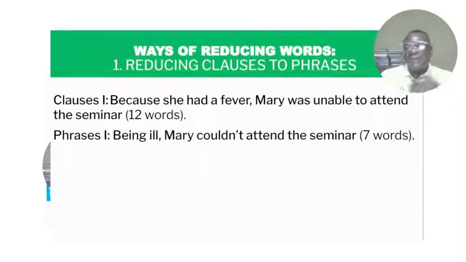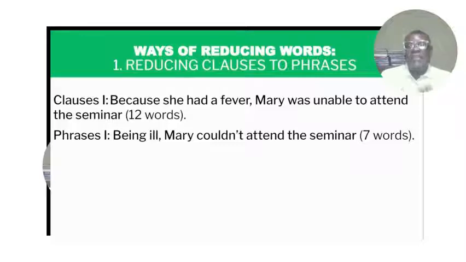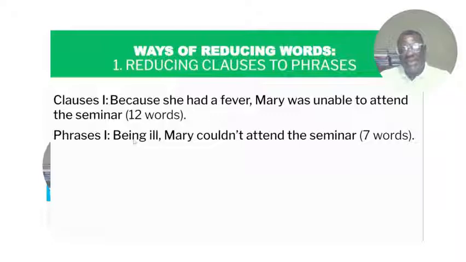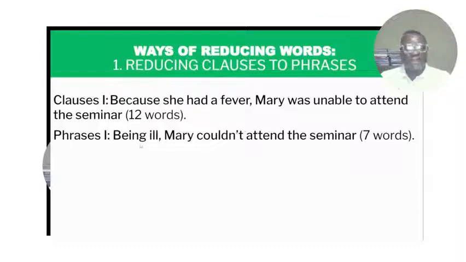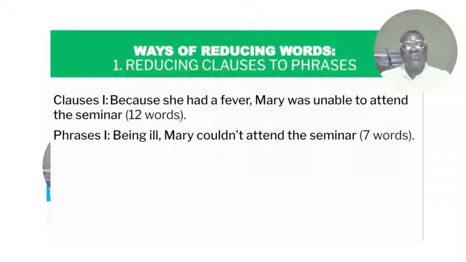Now look at it. We are changing that clause to a phrase. Being ill, that actually is the phrase here. Being ill, Mary couldn't attend the seminar. You see, 7 words. We have picked a clause here and we have changed it to a phrase. And that reduces a sentence of 12 words to a sentence of 7 words because we changed a clause into a phrase.